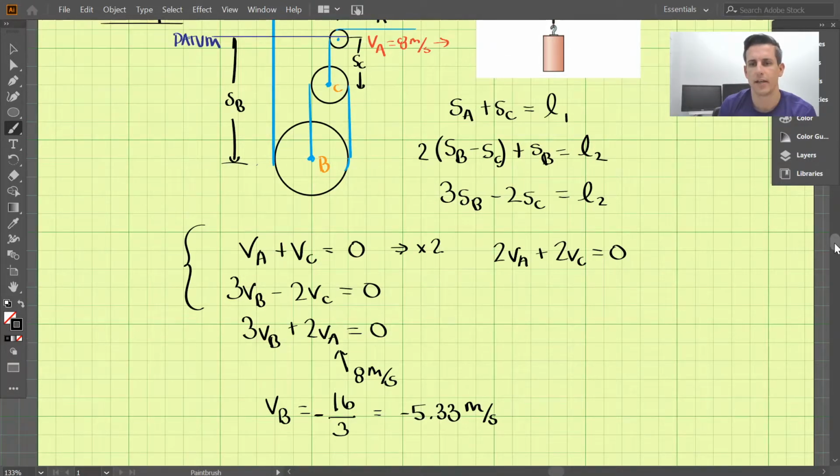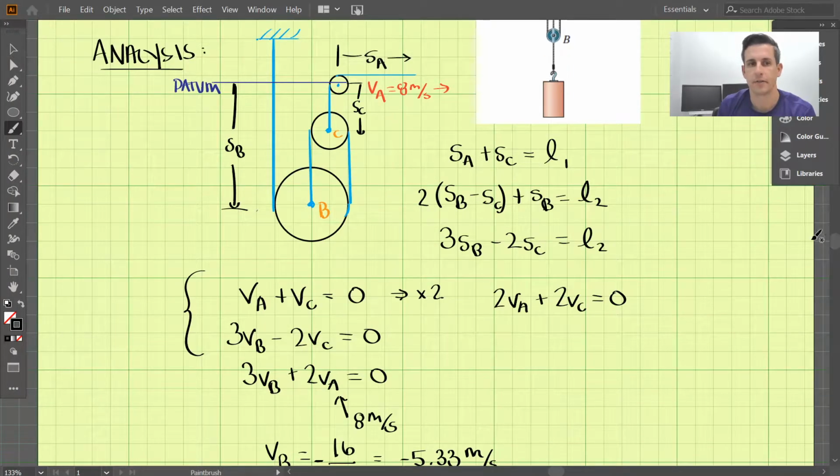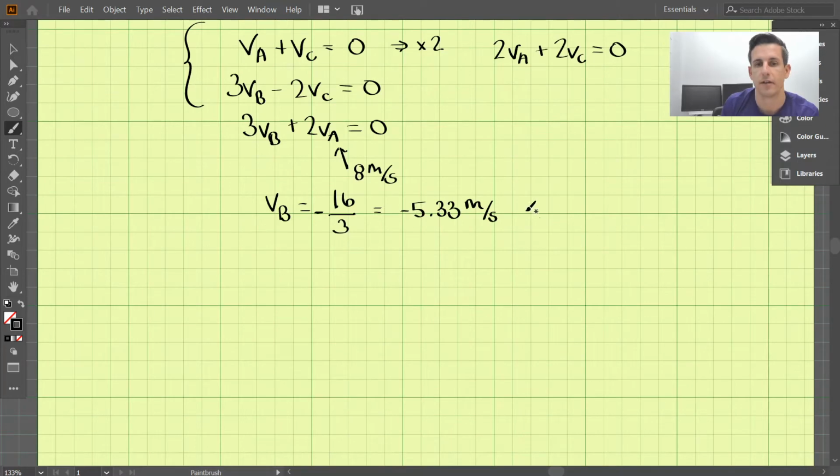Well, it means that we drew SB downward this way. So actually, as SA is positive here, SB is being pulled upwards. So that is 5.33 meters per second upward. All right, and that's our answer.